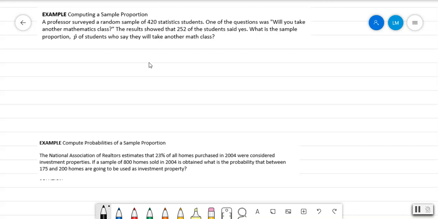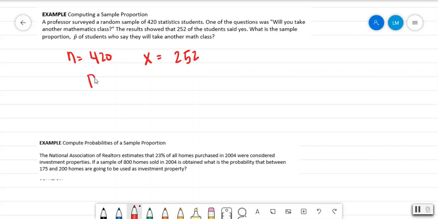So this one's pretty easy because n, which is the sample, is equal to 420 students. The x is the number of individuals that said yes, so that's going to be 252.